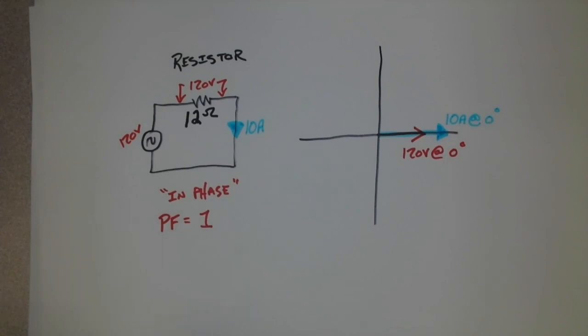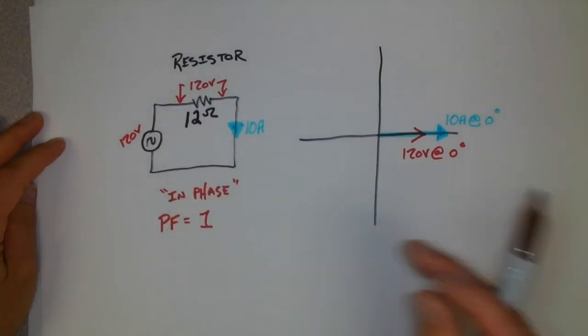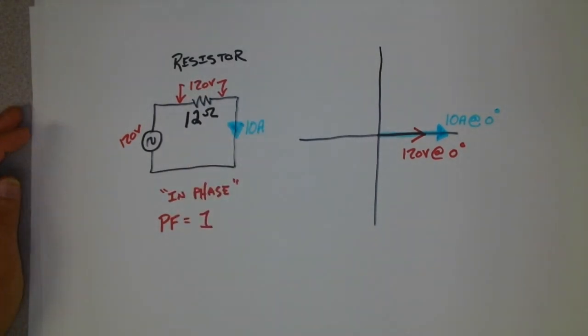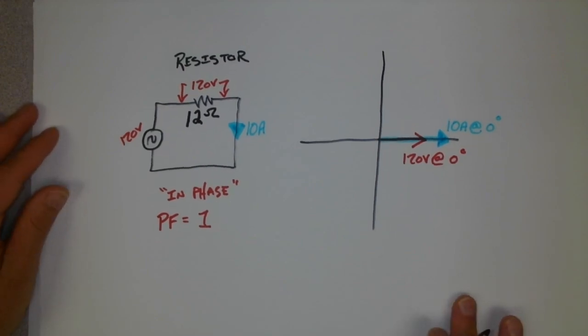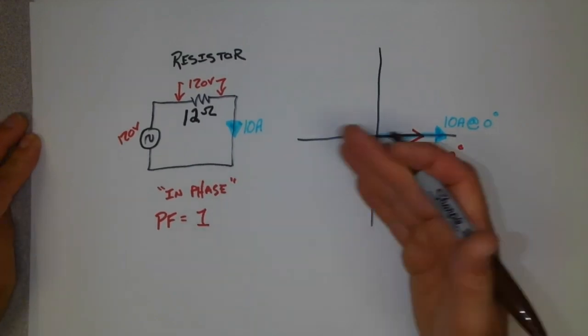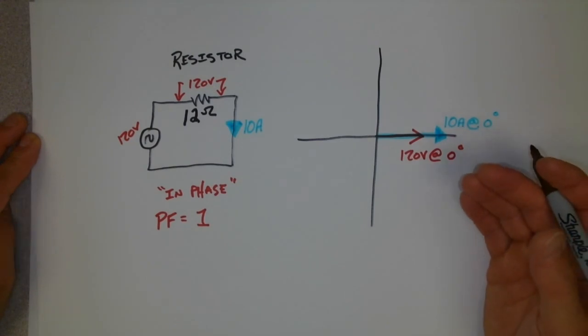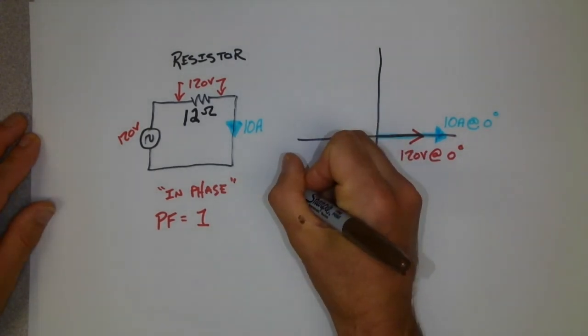So remember, when we're dealing with power in AC, there are 3 different types. And when we're dealing with a resistor, the one type of power that we have would be watts. So if I wanted to calculate the watts in this particular system, I could use any number of values here.